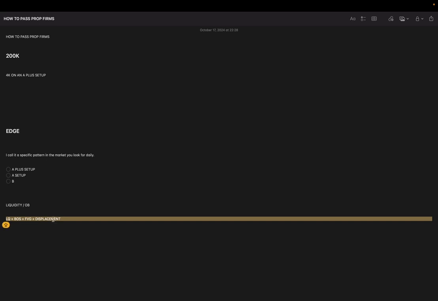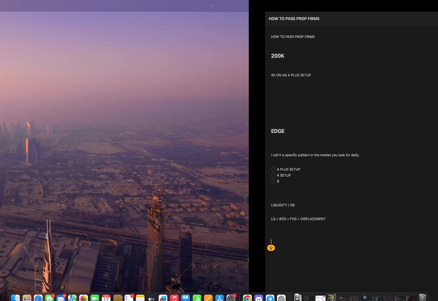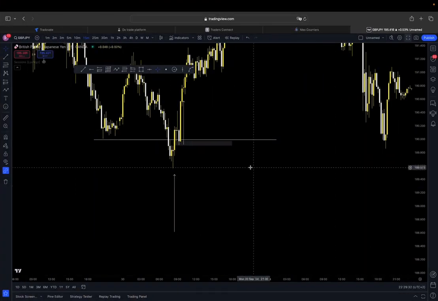This being most of the requirements to take a trade. Do you understand what I'm saying? You have liquidity, break of structure, fair value gap, and a displacement. If you do not take such a trade, you have a problem. Do you get me? You really have a problem, which you don't. Okay.